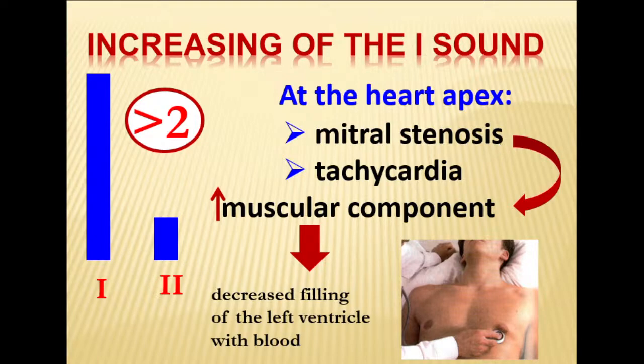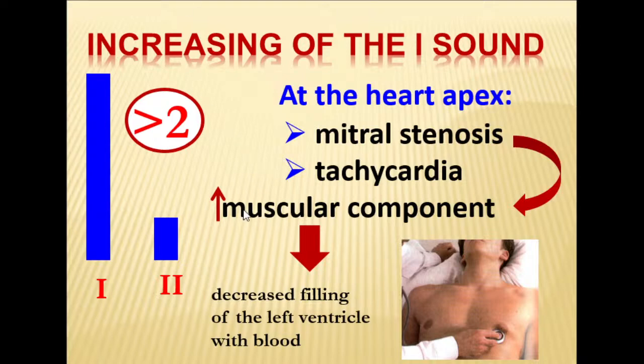because through the narrowed mitral orifice, blood flow is restricted and the diastolic period is not enough to completely fill the left ventricle with blood. Some blood is delayed above the left ventricle. In case of tachycardia also, the ventricle cannot be completely filled with blood because of the shortened diastolic period, the time during which the left ventricle is filled with blood.